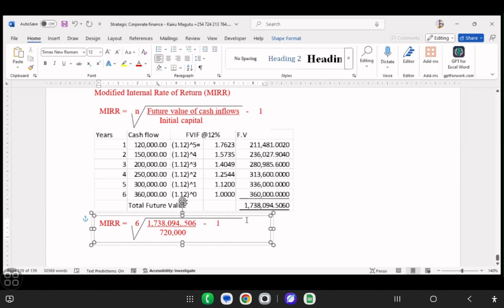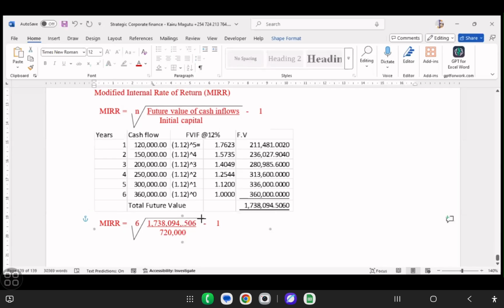That way, that should give us our modified internal rate of return. I want you to compute it and give me the MIRR. MIRR is equal to, put that in your calculator. I believe it is clearly visible from your end.